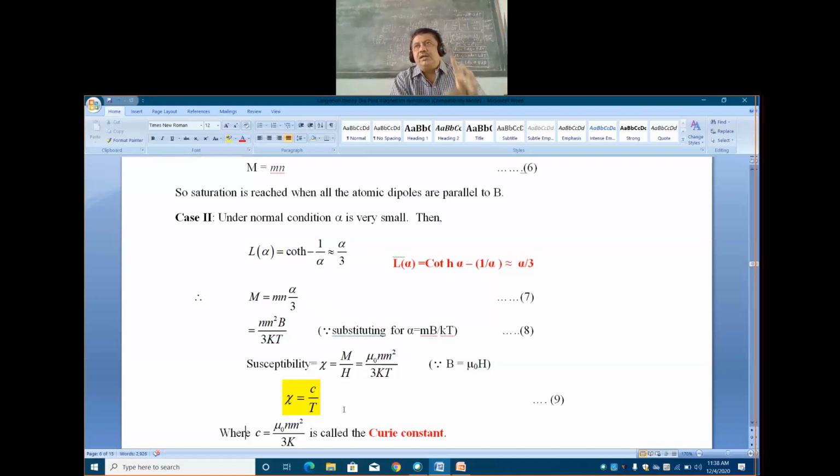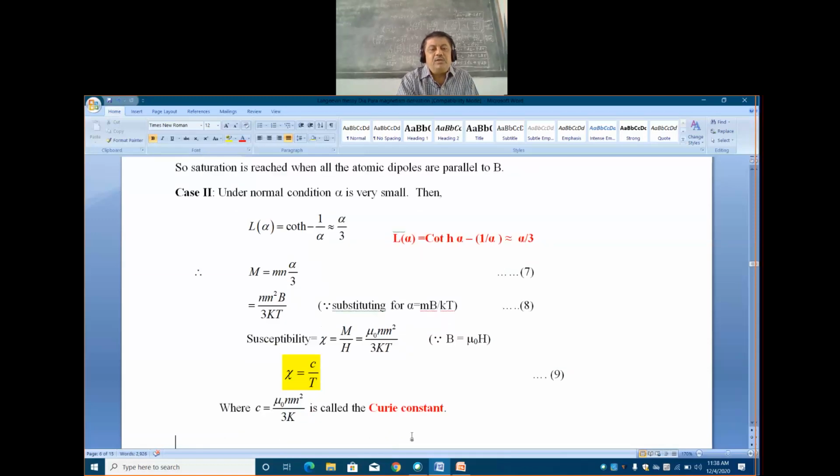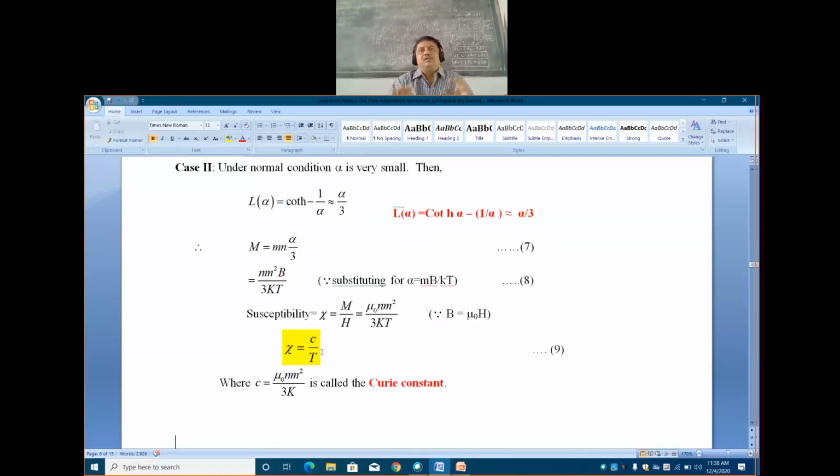Here C is called the Curie constant, and C is mu naught N m square by 3k. The equation we derived is chi equal to C by T, and this is the final expression. You observe that chi is positive, negative does not come here.